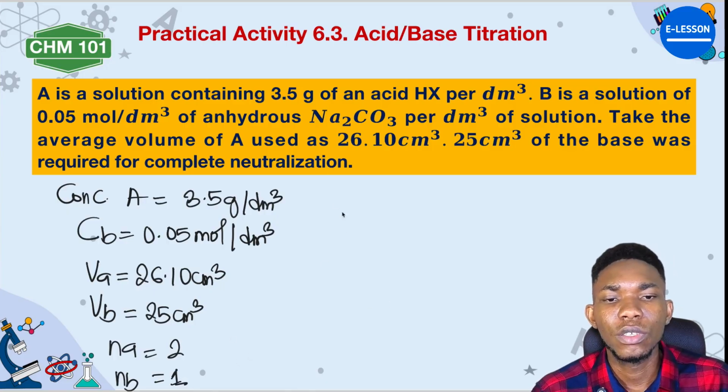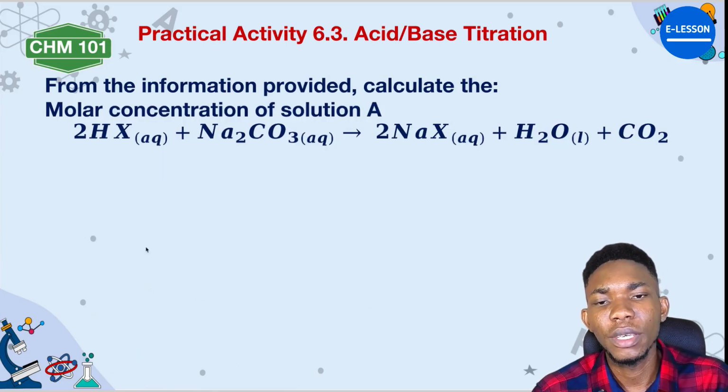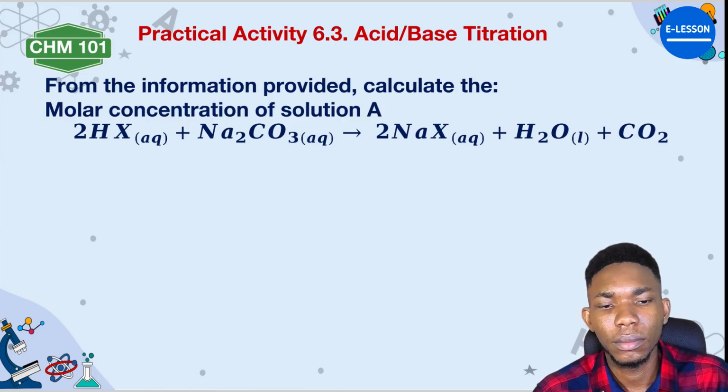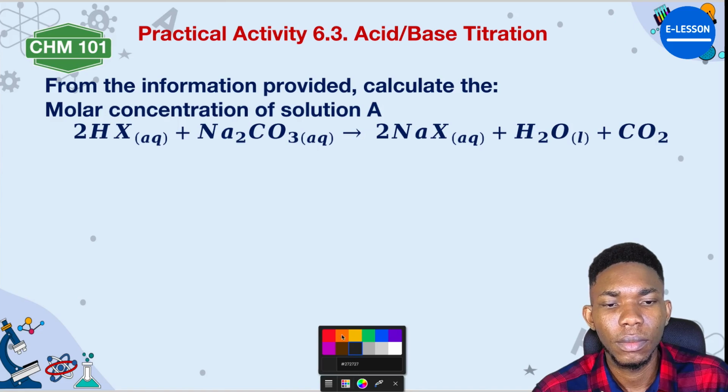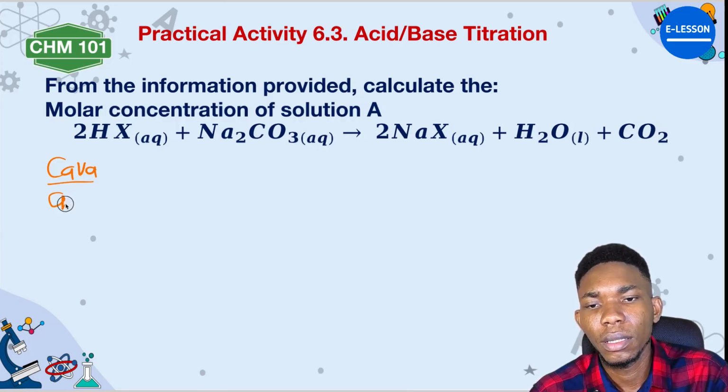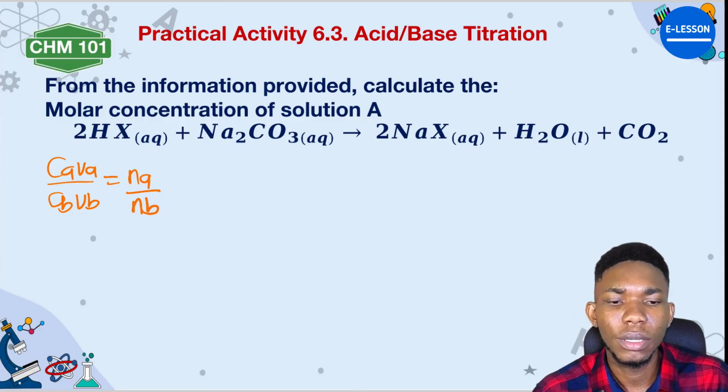Is that okay? So using the formula CAVA over CBVB is equal to Na over Nb.